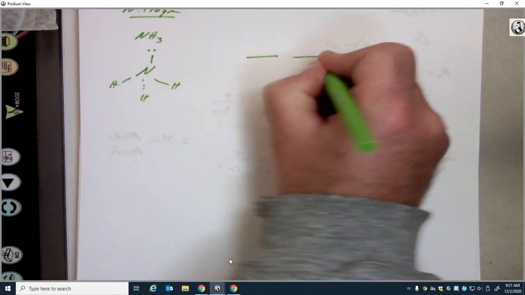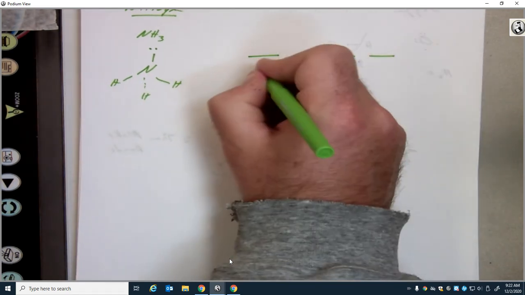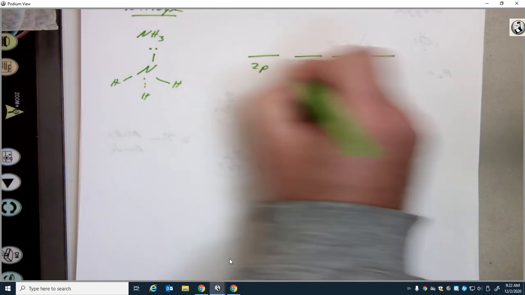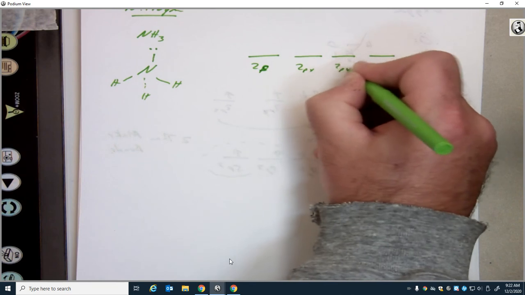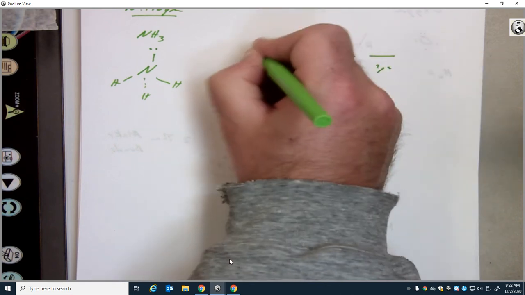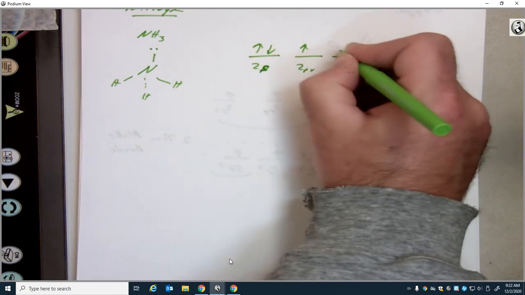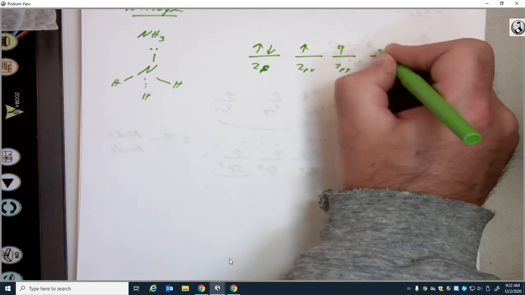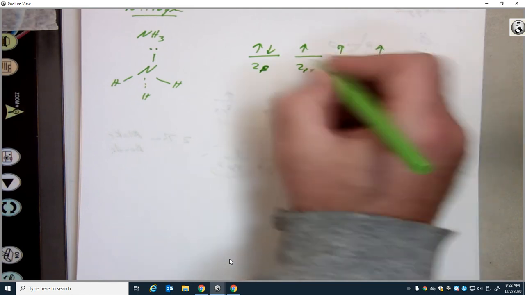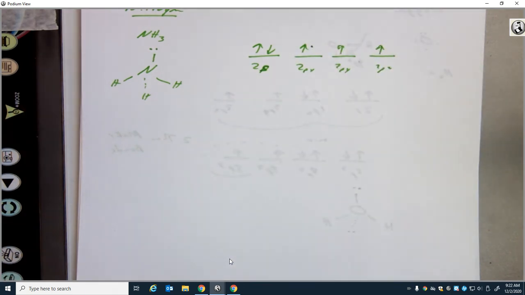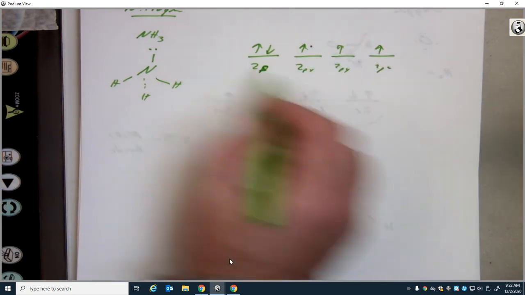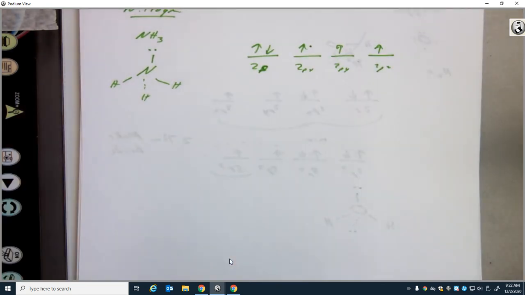So normally, nitrogen is this. This is a 2s, 2px, 2py, 2pz, up, down, up, up, up, and that's it. Now, these in nitrogen are again going to hybridize.